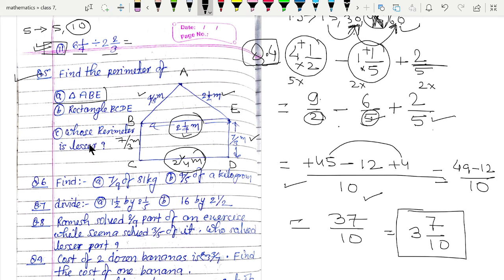Similarly, 2/7 of a week. How many days are there in a week? 7 days. सही है, 7. 7 into 7. अच्छा, 7 होता है या 6 दिन होता है सप्ताह में? संडे तो छुट्टी होती है, तो 7 दिन होता है या 6 दिन होता है? 7 days. कोई कंफ्यूजन नहीं है?